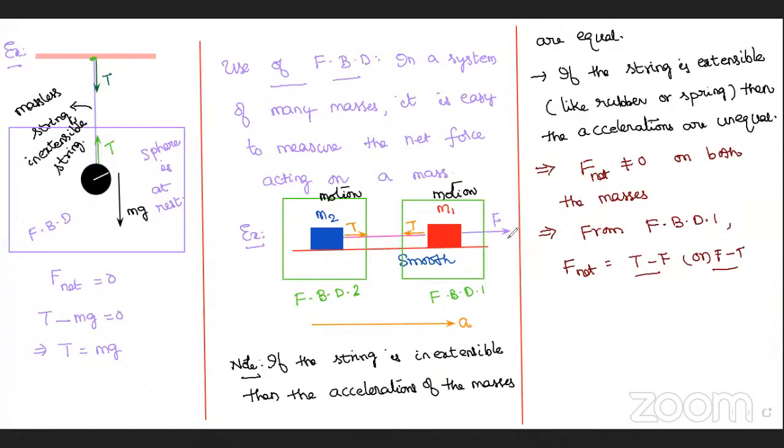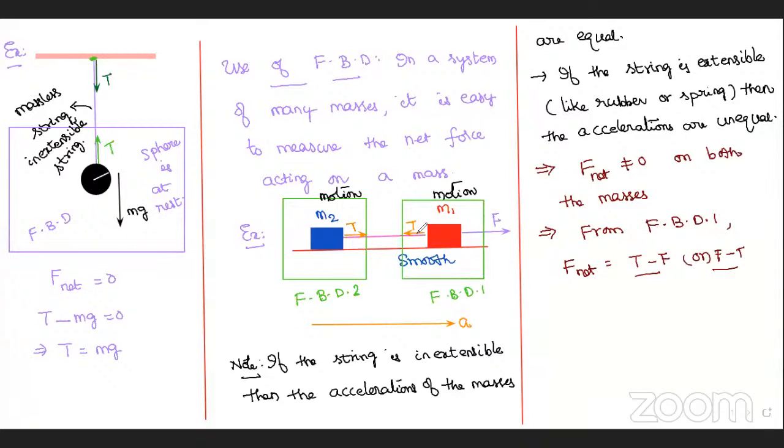But how can you say F is greater? Yes, you are right. Very good. The body moves, and you are getting the acceleration in the direction of F, which means F is greater and T is lesser.